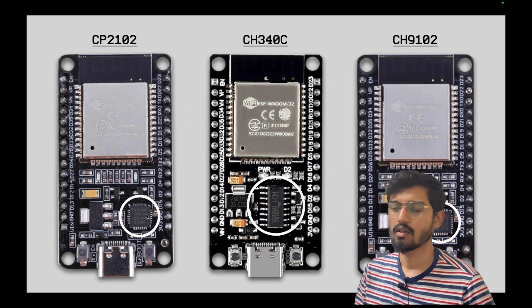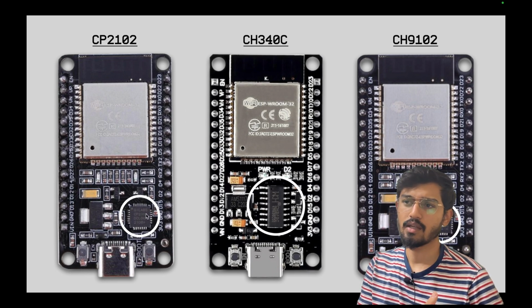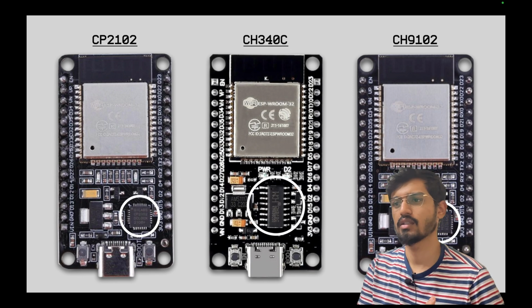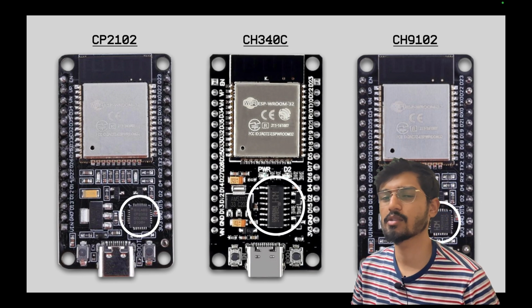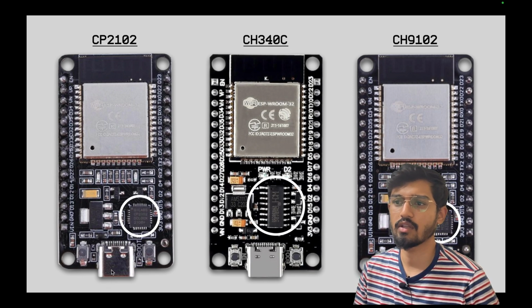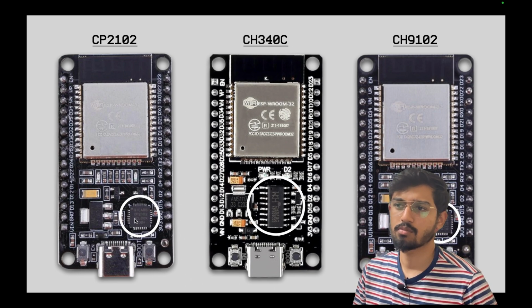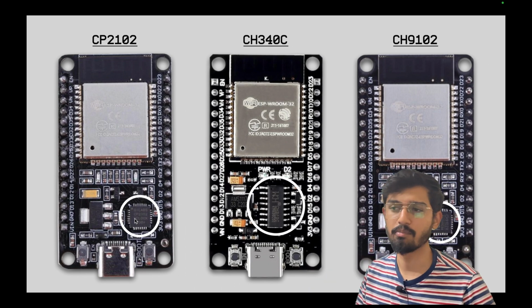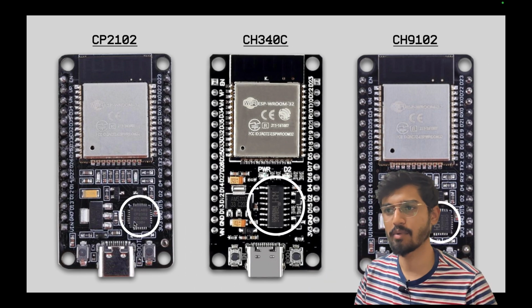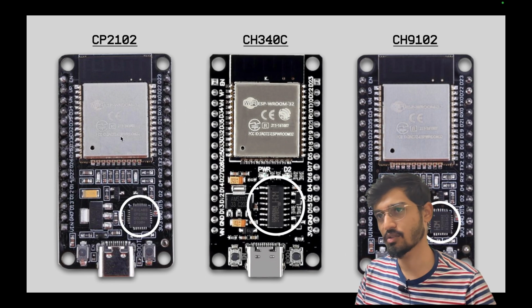So what this chip essentially does is it is responsible for the communication between your USB and your actual microcontroller. And this chip goes by the name USB to UART bridge. It's literally a bridge between your USB and your microcontroller here, and it uses UART to communicate between the USB and the microcontroller.